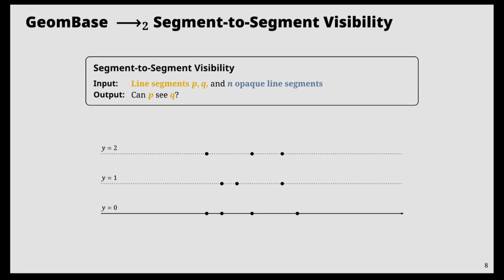Now, how would you do that formally? I'm again going to give you a minute to think about it. What was geom-based? Oh, sorry. Geom-based was this problem where you're given these points on these 3 lines only, and the task was whether there was a non-horizontal line passing through at least 3 of these points. Exactly 3 of these.